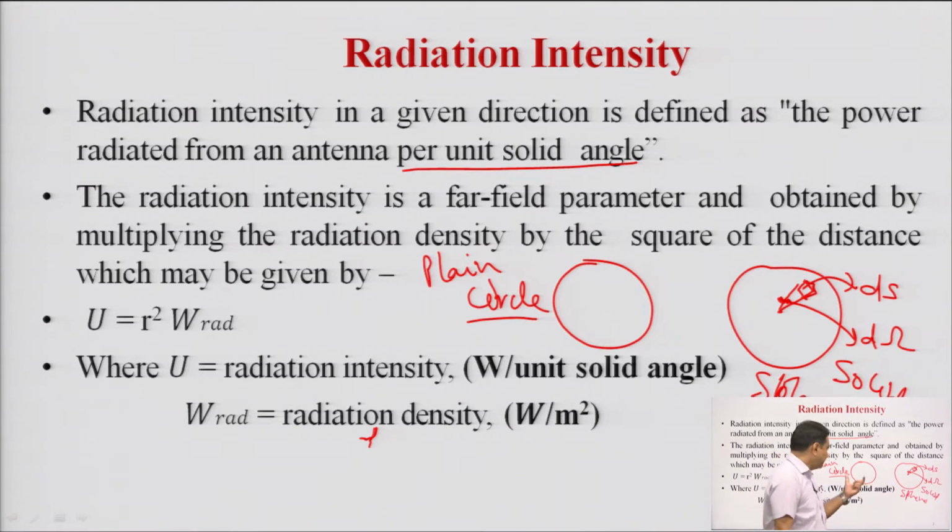And when this is a plane figure, it means here we cannot take a particular area for which the angle is subtended at the center. Here we can take a small arc like this particular length, and when this particular length is drawn, then this angle is the plane angle, and this angle is the solid angle.